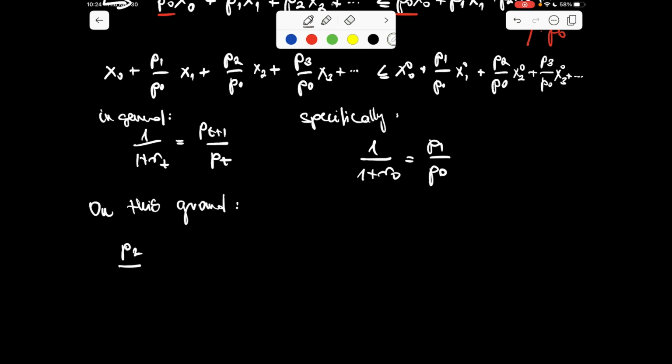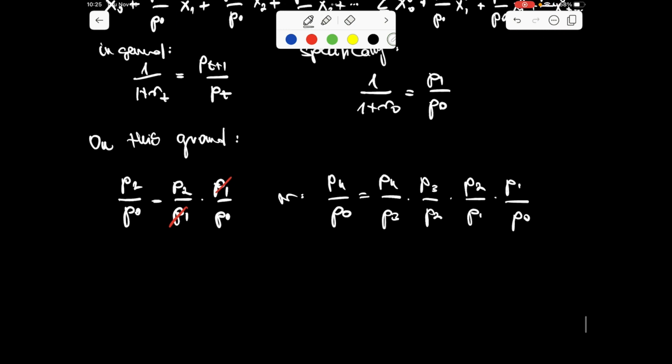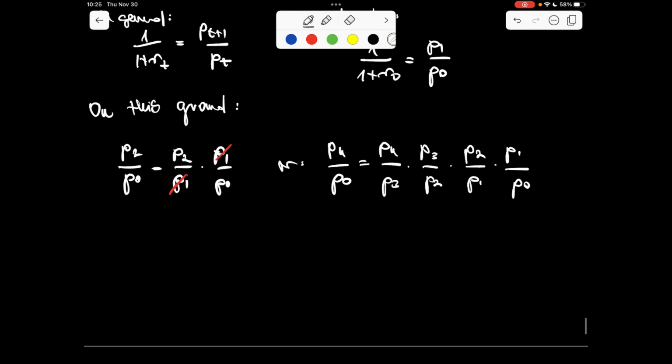For instance, this price ratio can be rewritten in this way, or we have longer chains. So any price ratio can be reduced to the products.